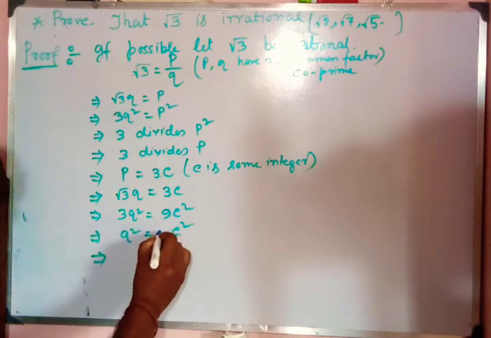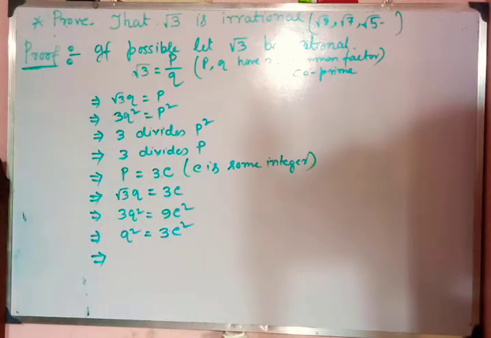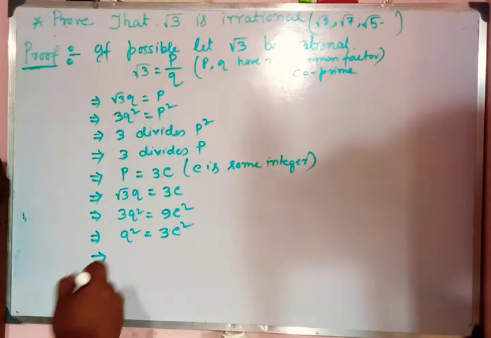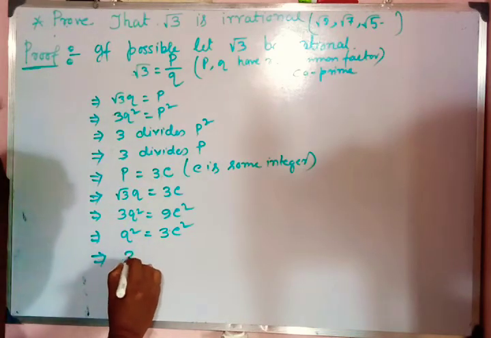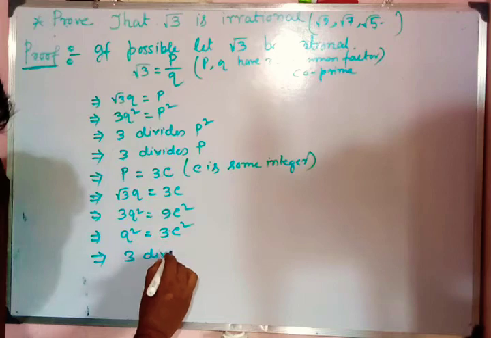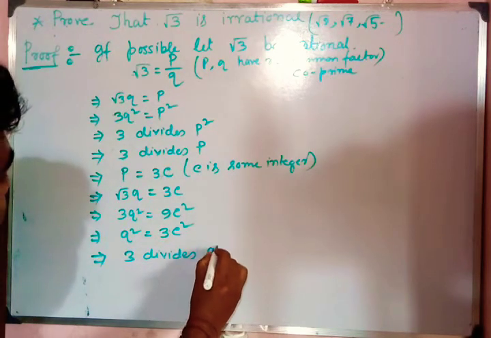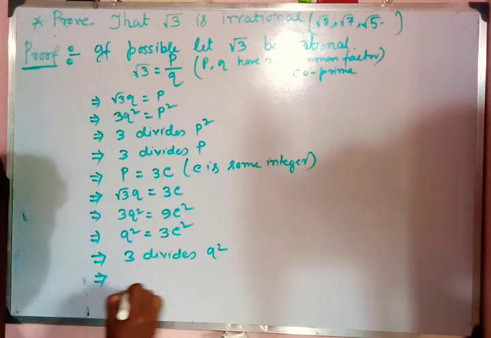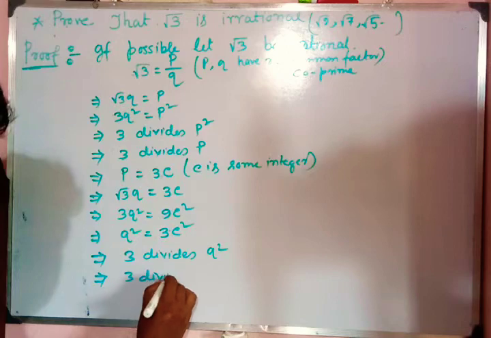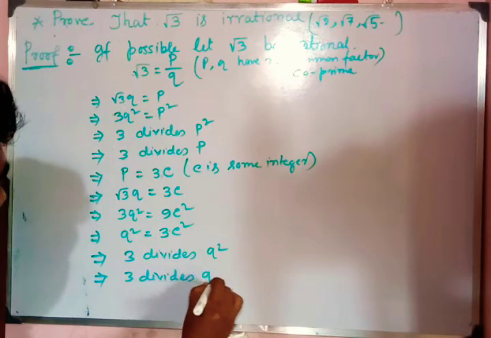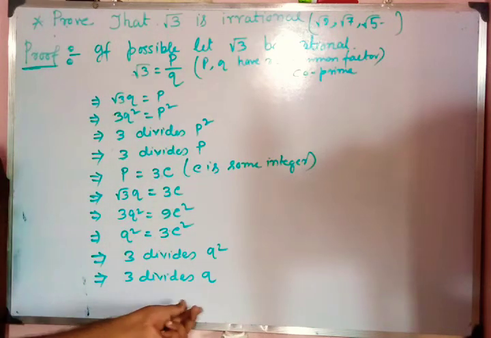So that means Q square is equal to 3C square. Now that's implying 3 divides Q square. That is implying, again from theorem 1 that I have already proved, that 3 divides Q also.